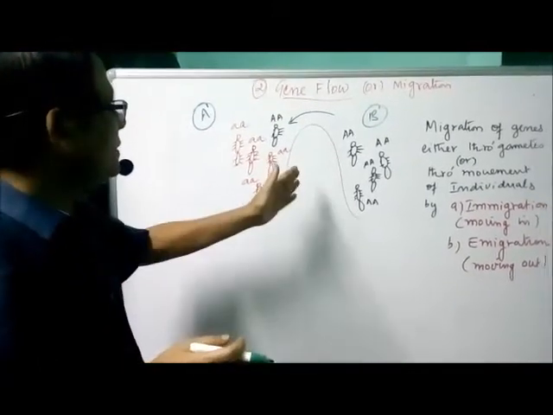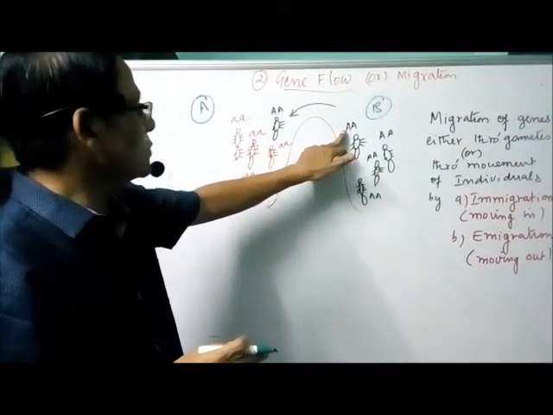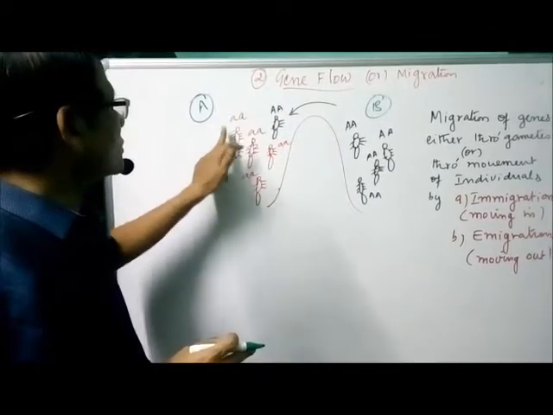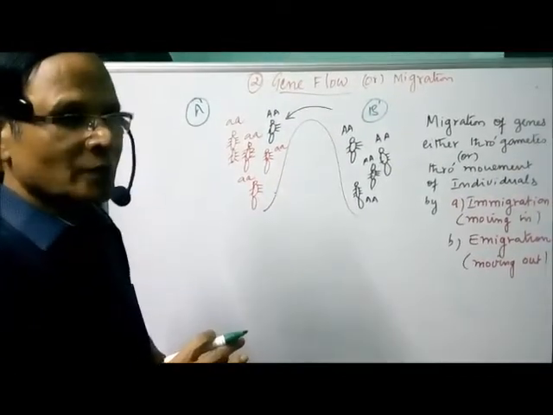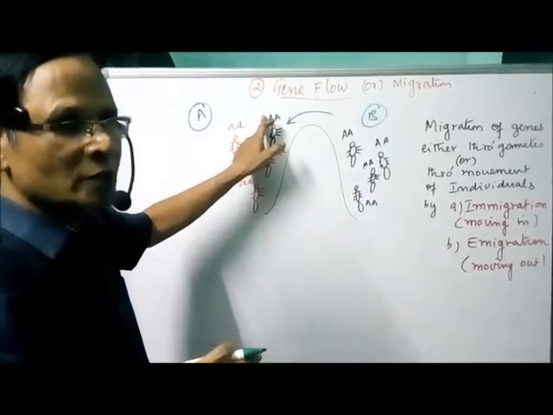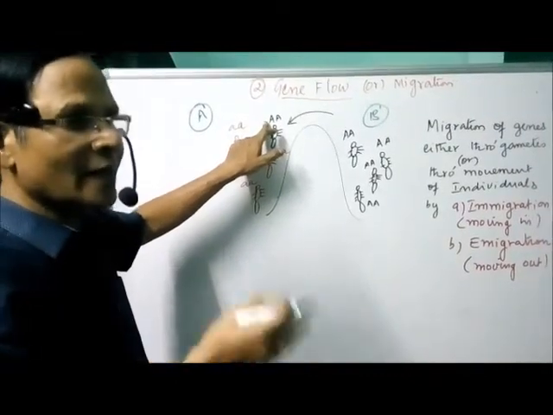See here, from population B, a homozygous dominant individual is moving towards another population where you have only homozygous recessive individuals. As a result, one homozygous dominant individual is added, so the dominant gene frequency increases.